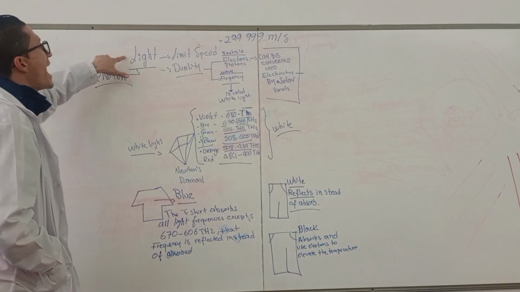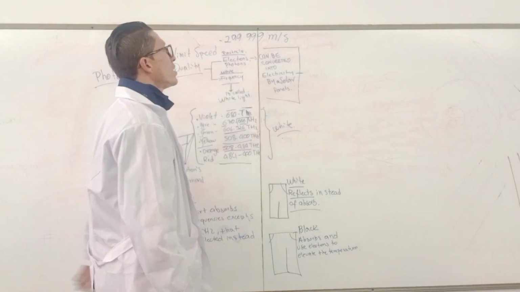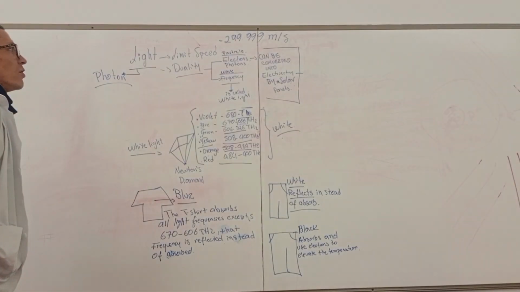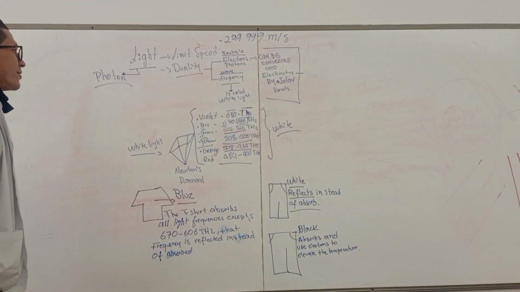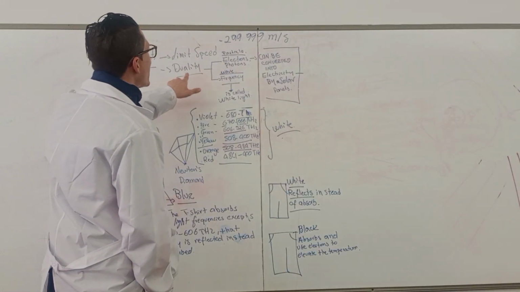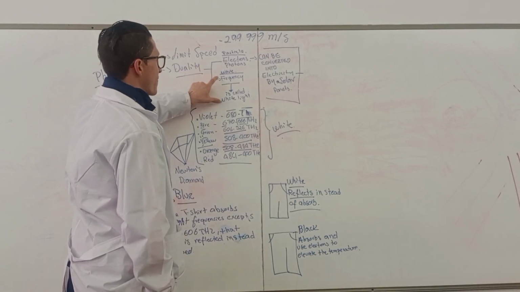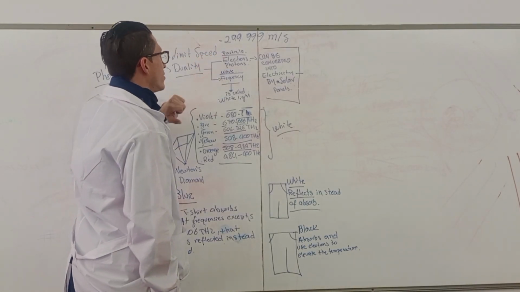Record this. Light has a speed limit. Its speed limit is 299,099 km/s. Right? And also it has a duality. Its duality is that it's a wave and it's a particle.